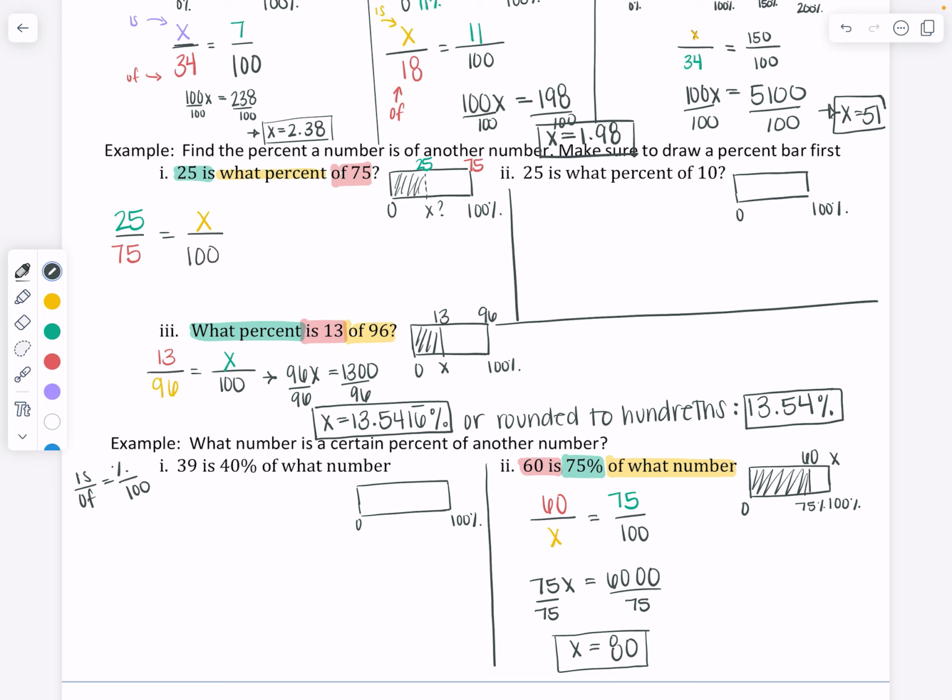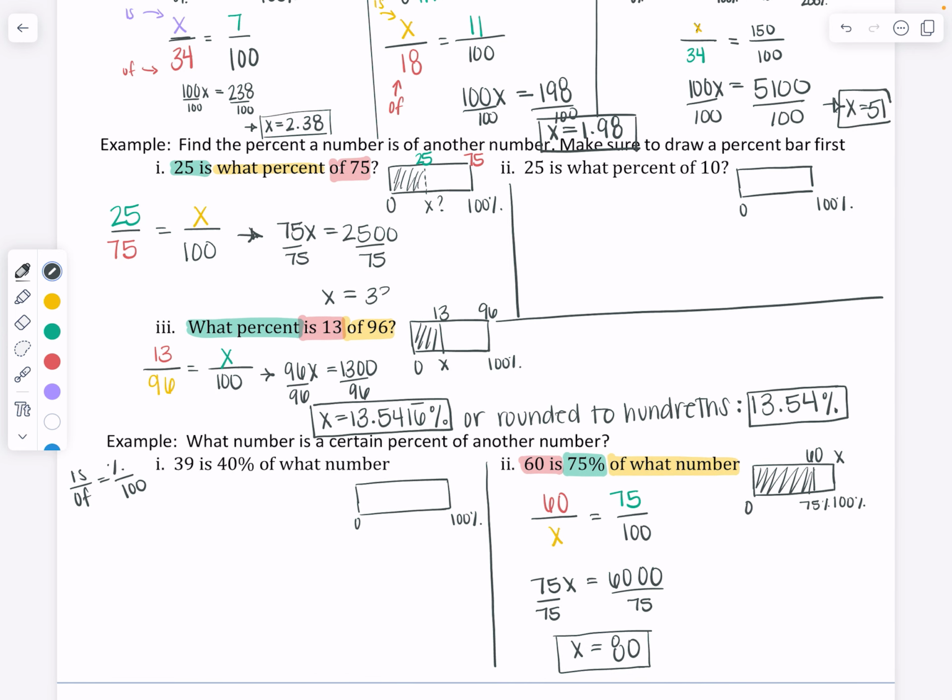And so now I'm going to cross multiply. Again, I'm going to multiply the side with the X on it first. So 75 times X, 75X. And then 25 times 100, 2500. Divide to solve for X and I'll have X equals 33.3 repeating percent.